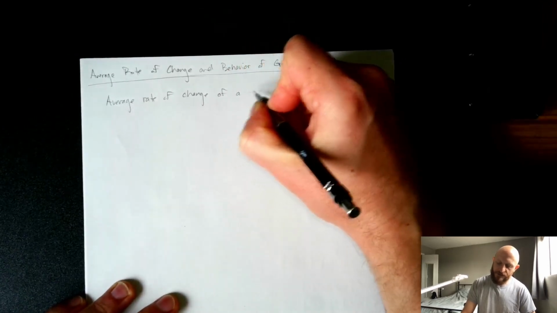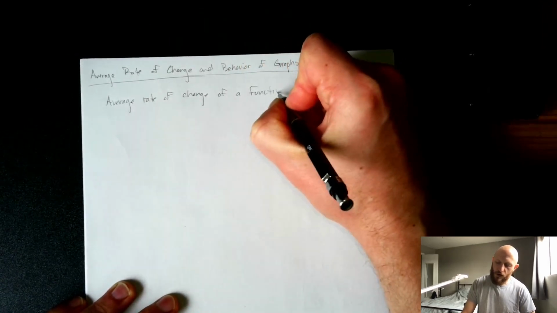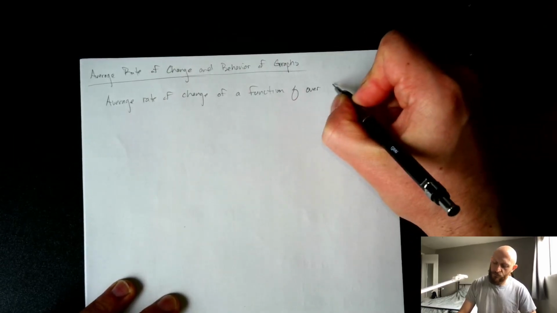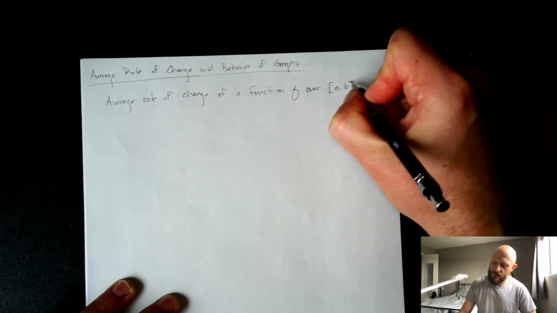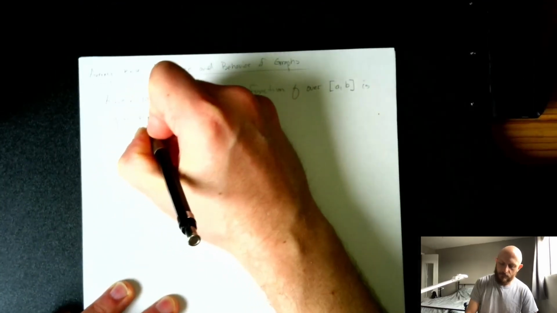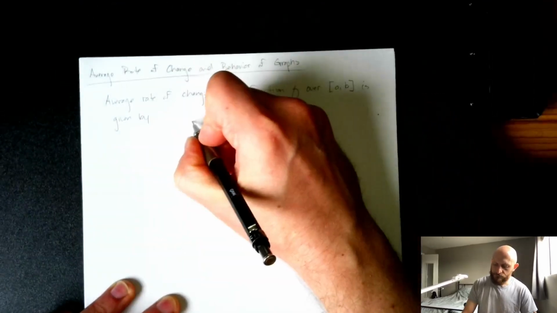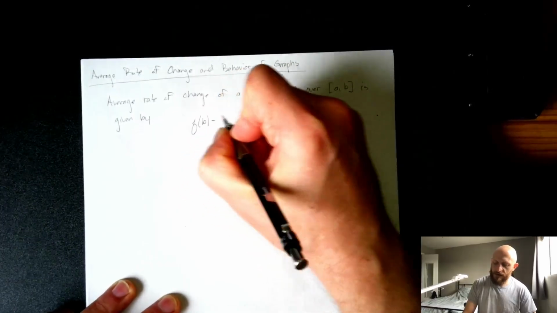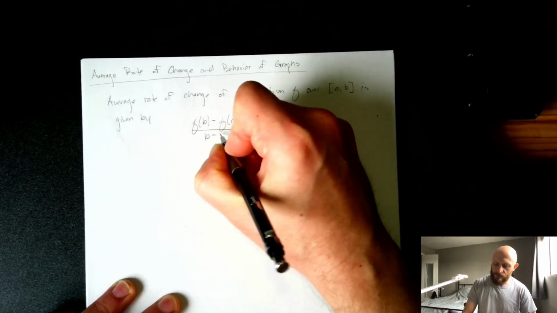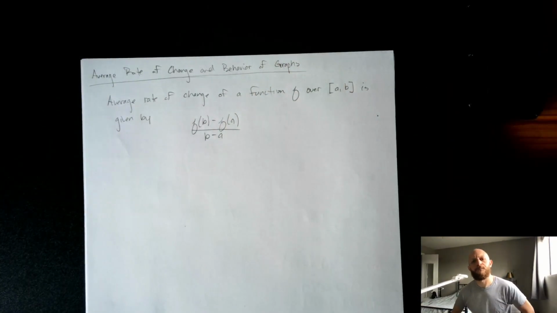of a function, we'll call it f, over some interval, the interval from a to b, is given by this formula: f of b minus f of a over b minus a.